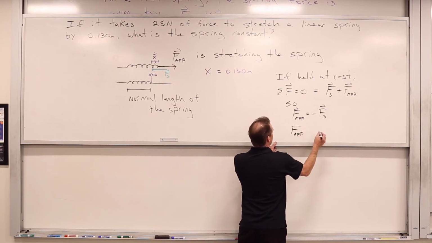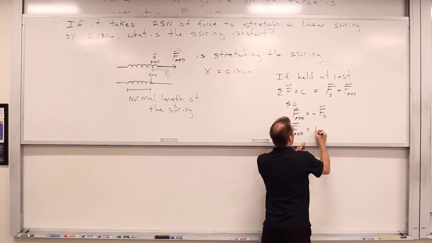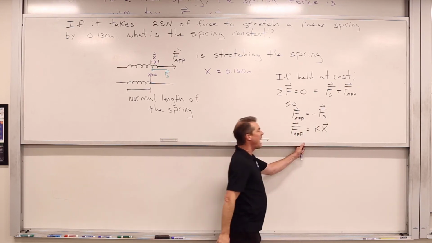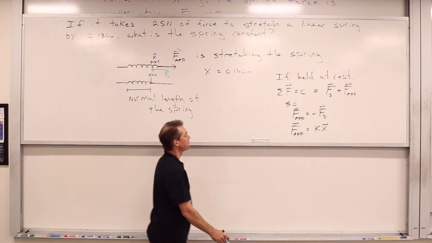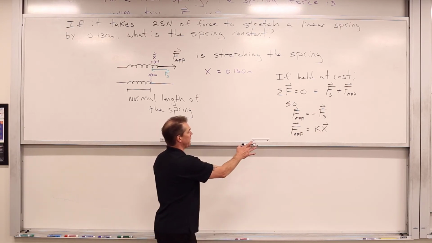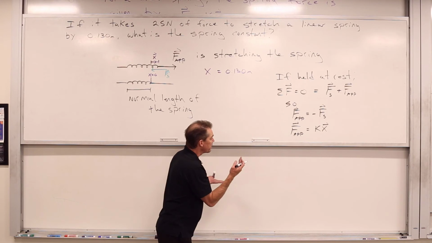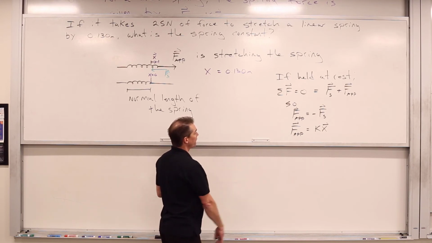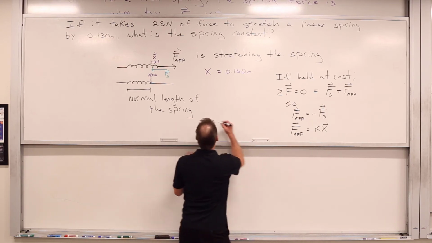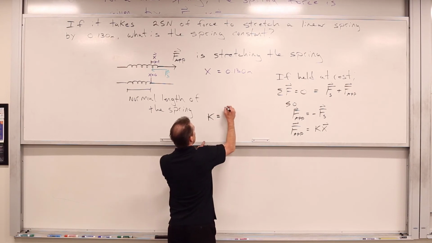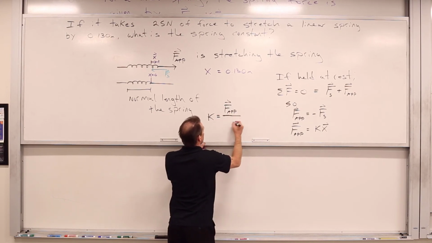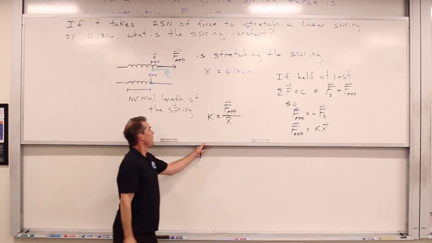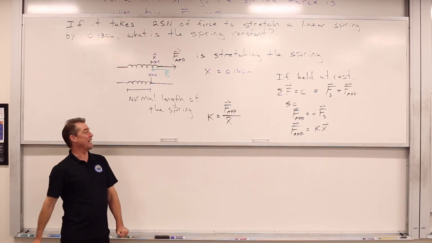The applied force is then equal to negative kx hat, minus kx hat. So this is what we get. Well, with this, we can go ahead and solve this out for k. We've got that k is going to be equal to the force responsible for stretching the spring divided by the amount that it has been stretched by.